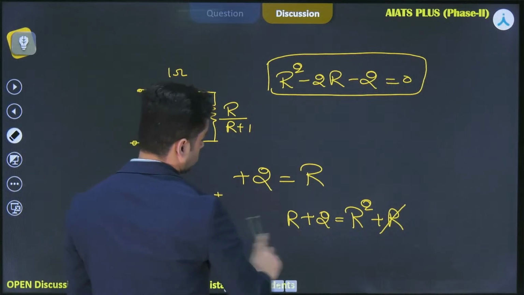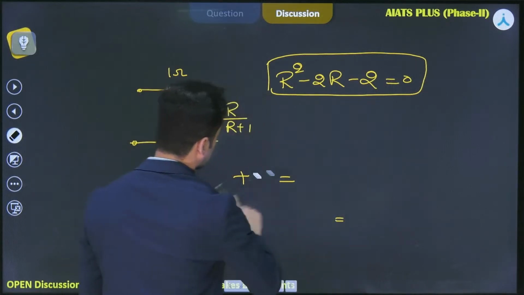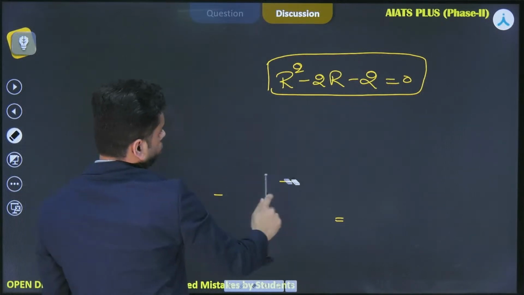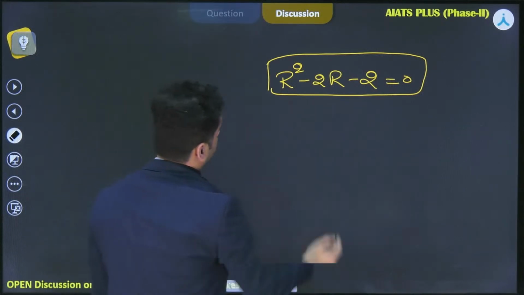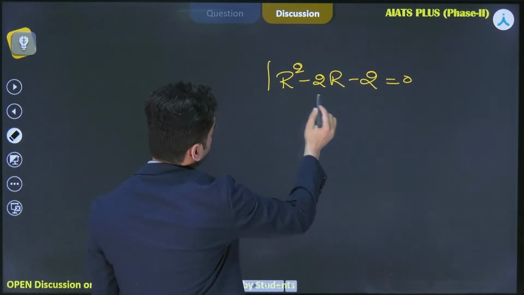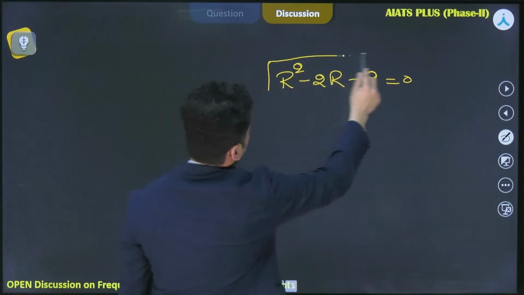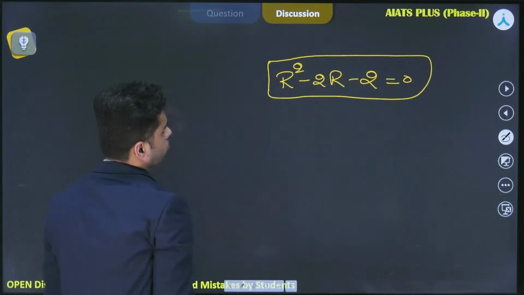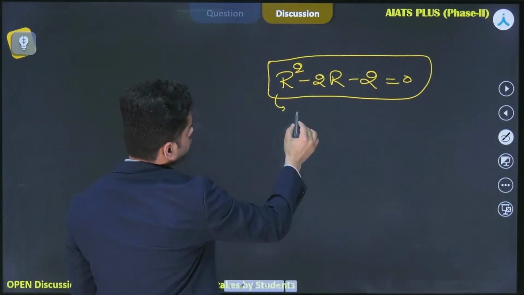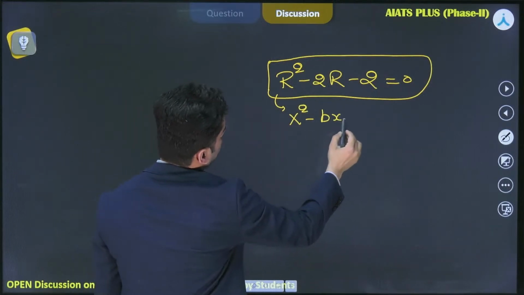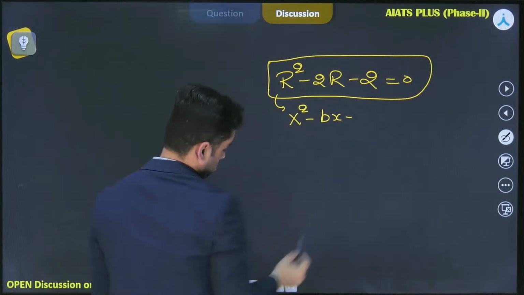So I'll rub this part, it is not relevant now, and let me rub this part also. So if I try to solve the quadratic equation, the roots of the quadratic equation, how do you find it? Suppose that the quadratic equation is of the form ax square plus bx plus c.